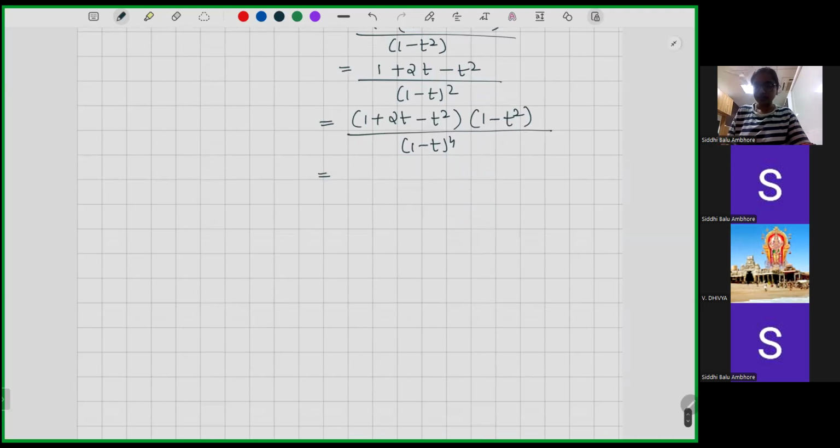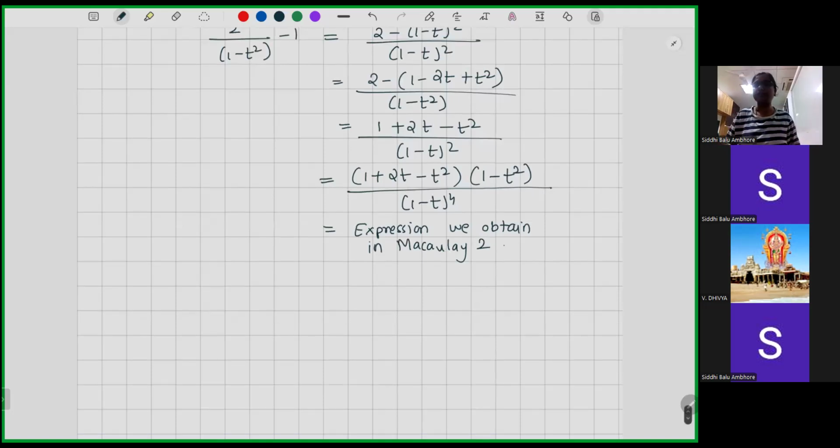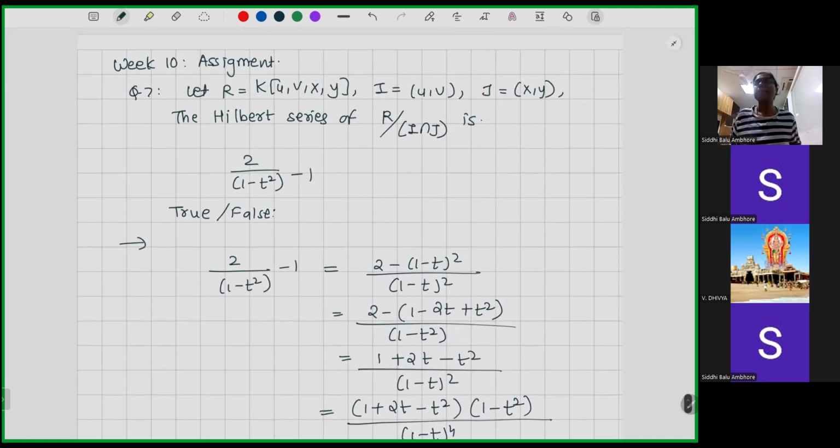And whatever expression we get is exactly the expression we obtained in Macaulay 2 for the Hilbert series of I intersection J. I hope this is clear. So we'll move to the next question.